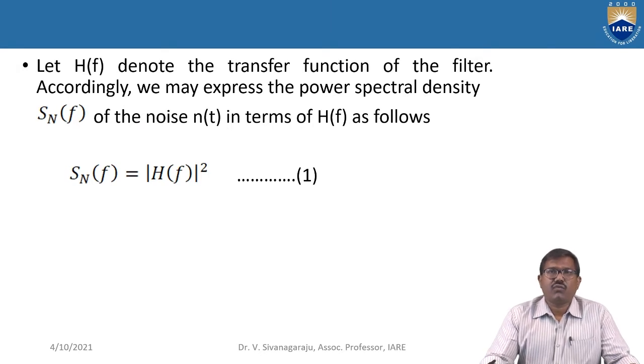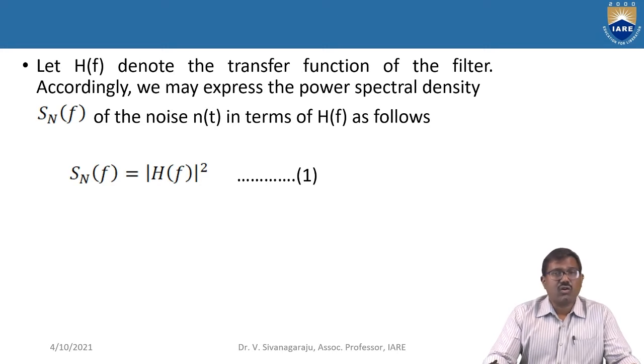So let H of f denote the transfer function of the filter. Accordingly, we may express the power spectral density Sn of f of the noise N of t in terms of H of f as follows.